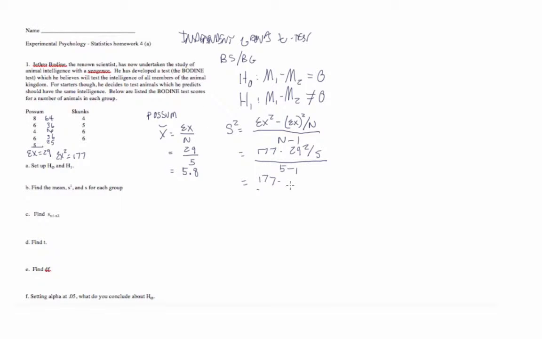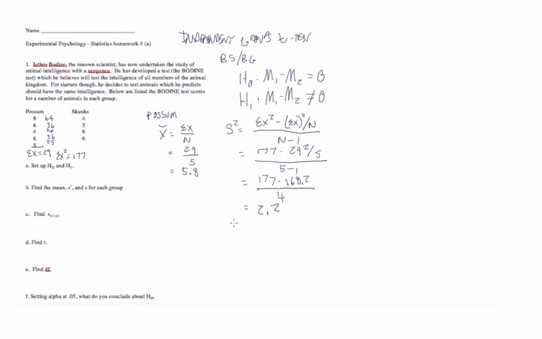Let's just skip down a few steps, and it's 168.2 over 4, and that gives us 8.8 over 4, which is equal to 2.2.